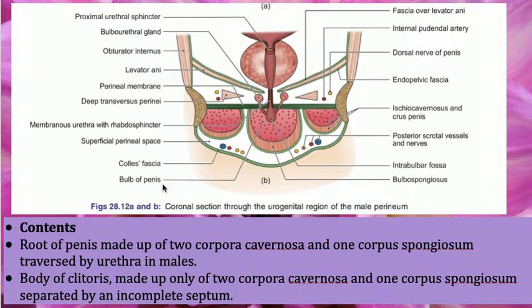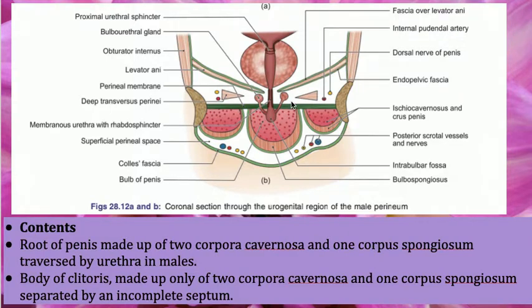So coming to the contents of the superficial perineal pouch, here is our perineal membrane, and all the area between the Colles fascia and the perineal membrane is the superficial perineal pouch, right? It contains the root of the penis made up of two corpora cavernosa and one corpus spongiosum, which is traversed by the urethra in males.